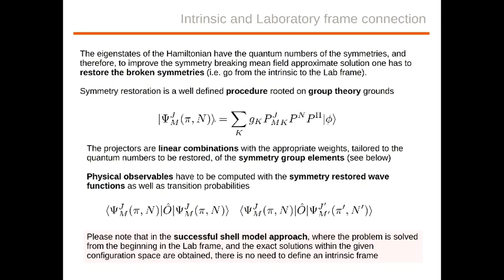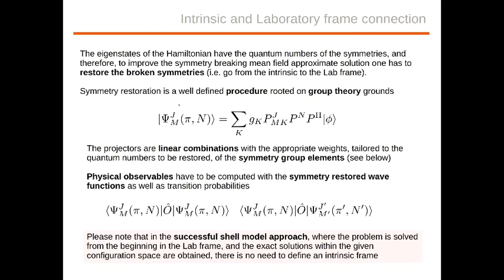So there is a connection between the physical wave function and the intrinsic wave function, right? But this connection is really not straightforward. So you cannot forget about these projection operators in any way in order to go from one frame to the other frame.